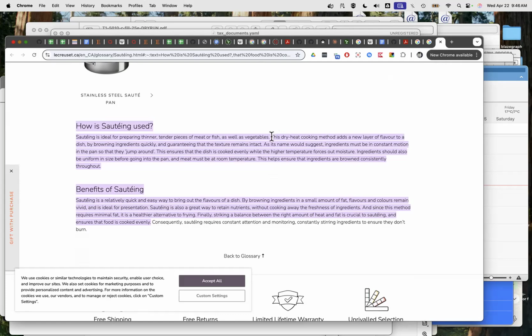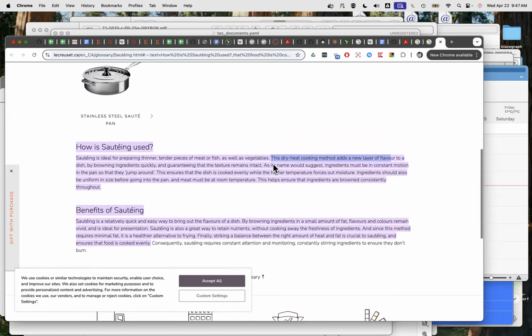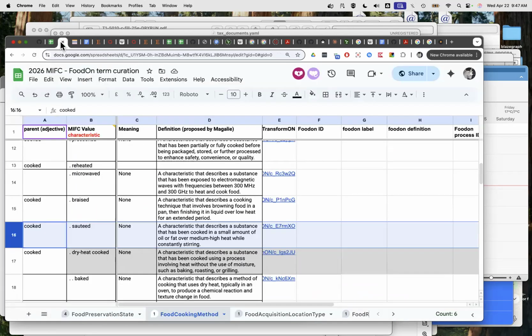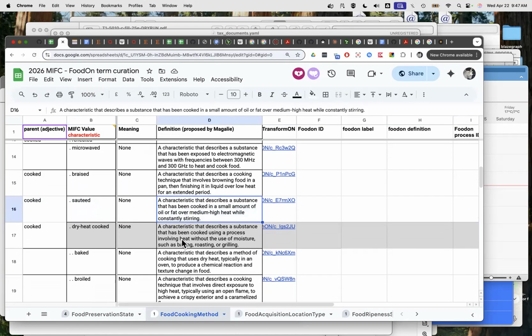Dry heat cooking. Okay, all right, so back to where we're at. If people really need it, they could ask for a wet sauté as a new term or whatever. I mean, dry heat cooking doesn't commit to steaming. I think that's the distinction, steaming and sautéing.